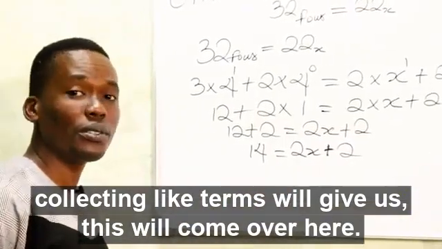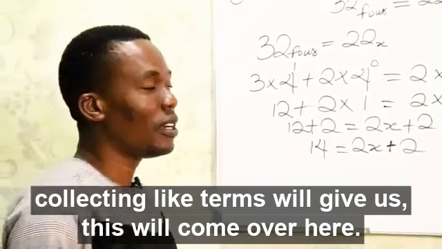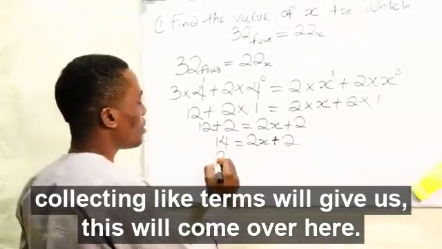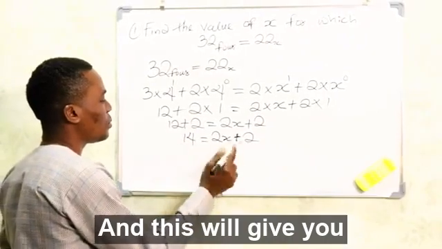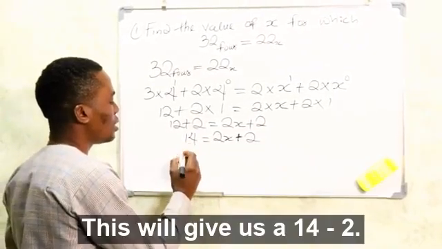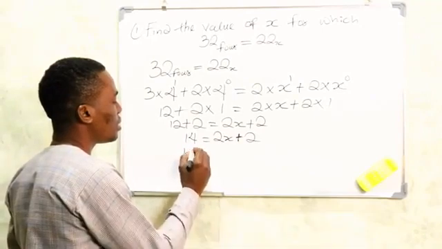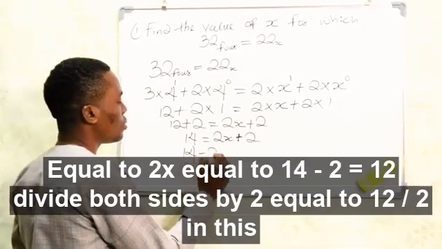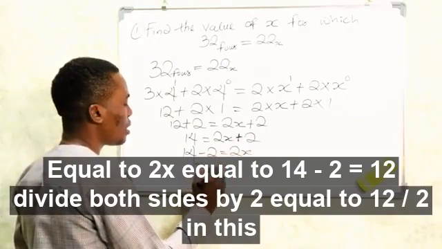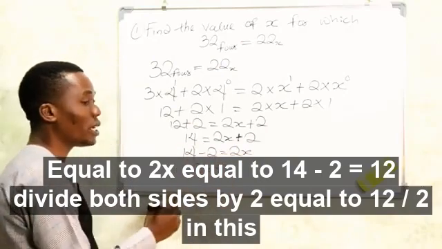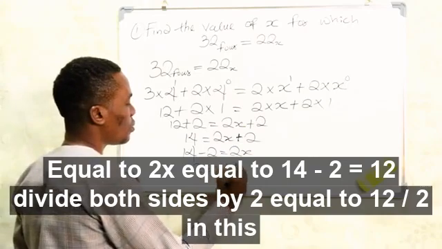Now have you heard about collecting like terms? When you collect like terms, this will come over here, and this will give us 14 minus 2 equal to 2x. Now our 2x will be equal to 14 minus 2, which gives us 12.